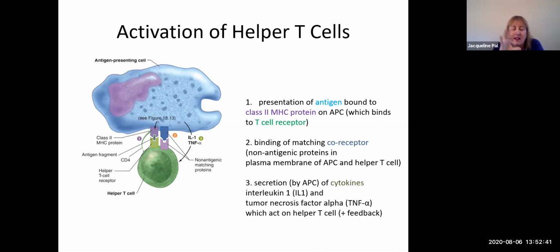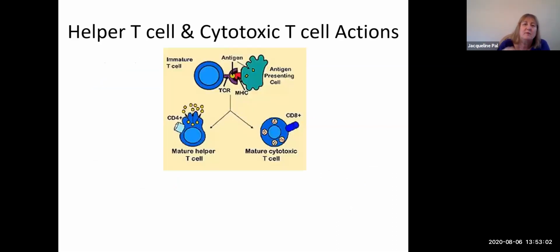And when that binding in both sites occurs, the antigen presenting cell is going to start releasing cytokines, interleukins, tumor necrosis factor, and basically those give positive feedback to the helper T cell, which just says, let's do more, let's attack more.